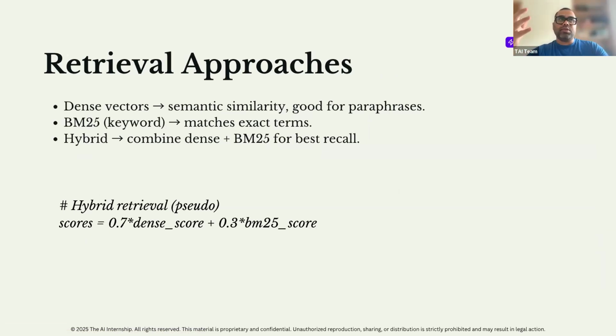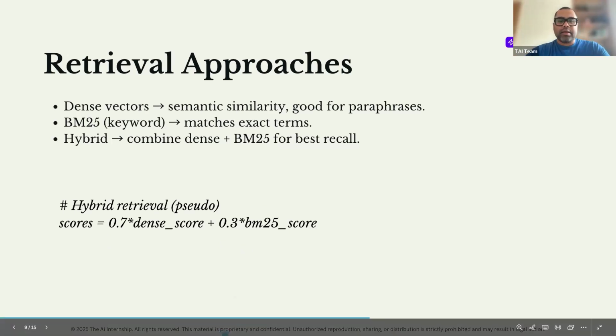You can use something like the BM25 algorithm, using keyword search to figure out the most important keywords in these chunks and then try to get them out. Or you can take a hybrid approach, which combines dense and BM25 with a weighted average to get a score. Based on that, you can extract the information.